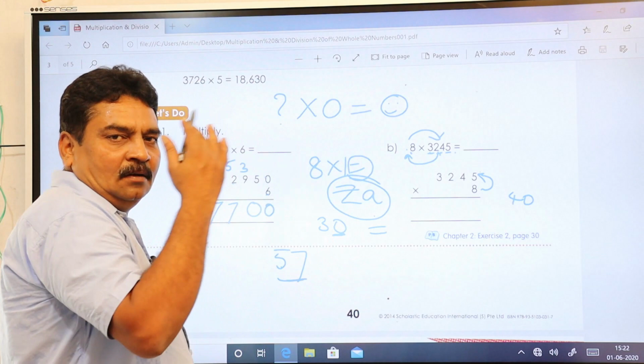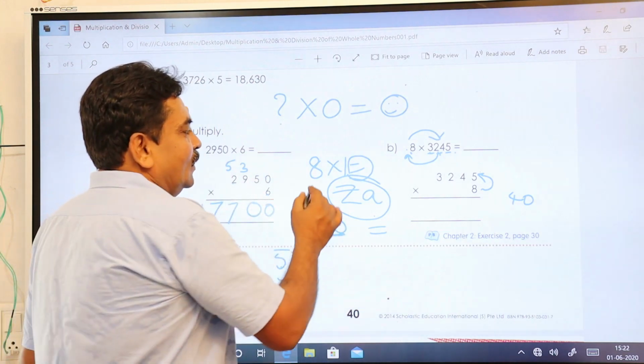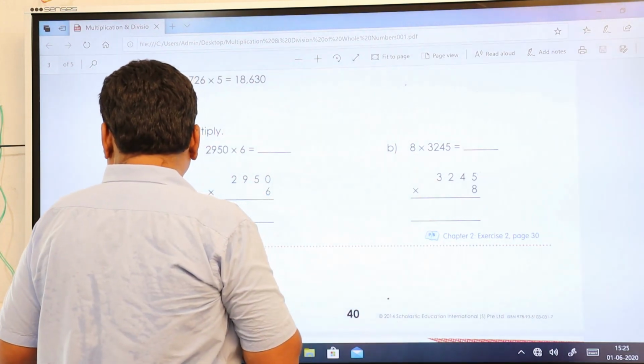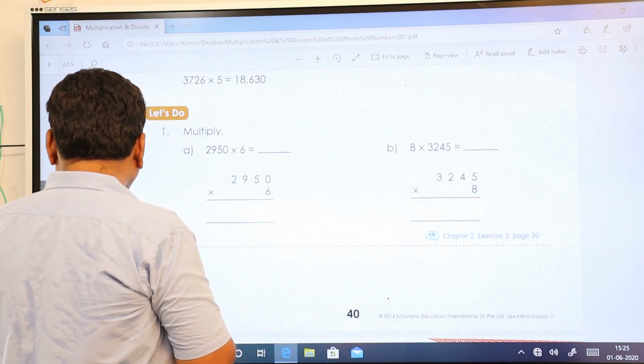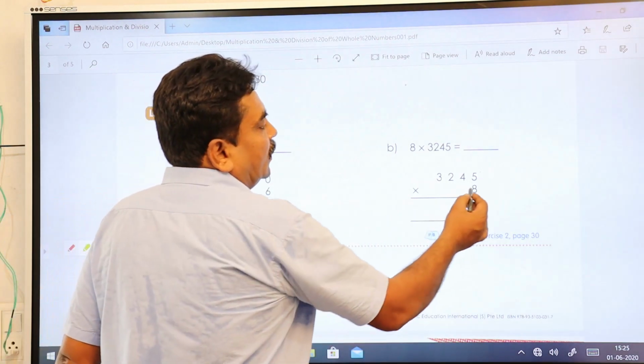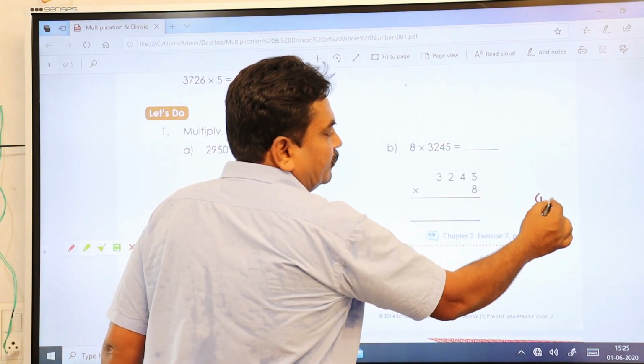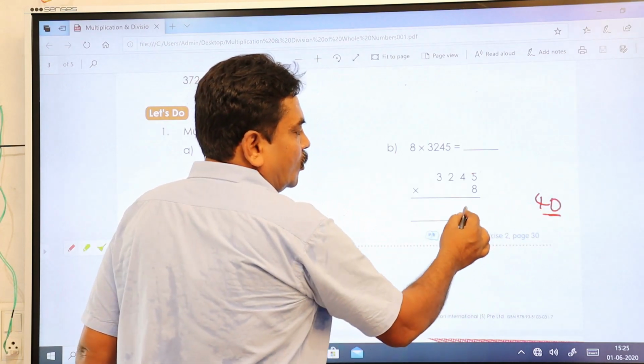Okay, let us follow the same trend. So here I'll just rub it. Once again I'll do it. 8 5s are 40. This is your ones place. Copy here.